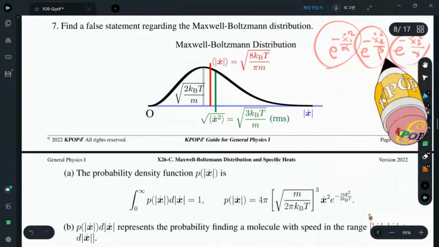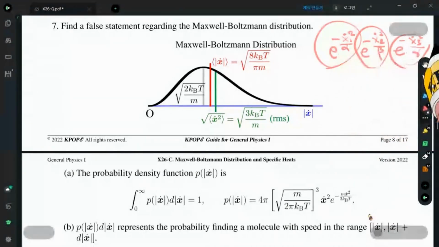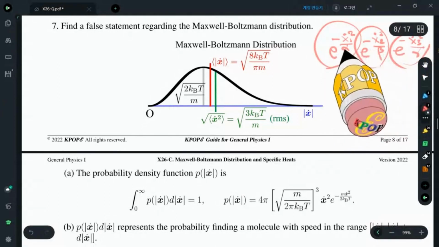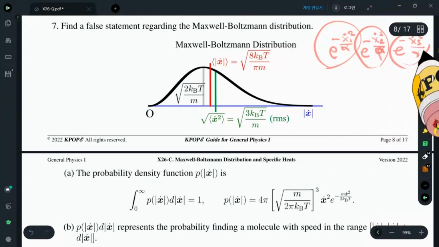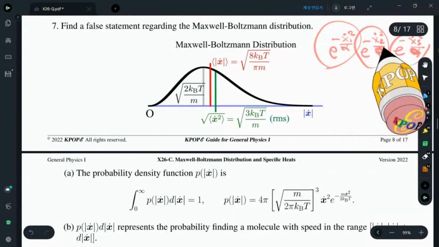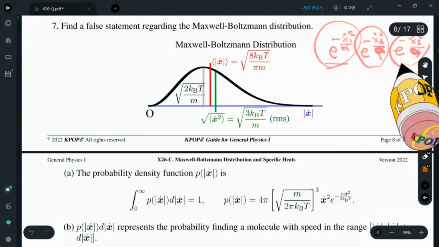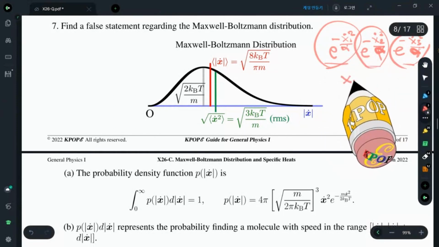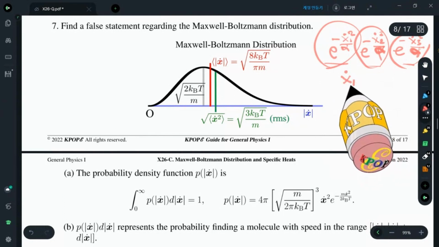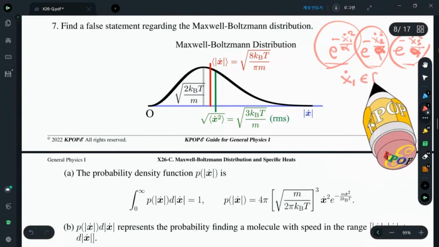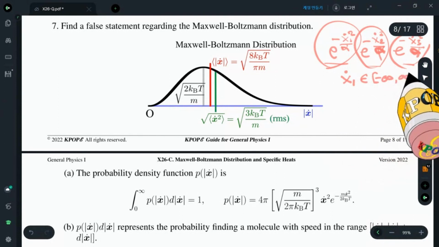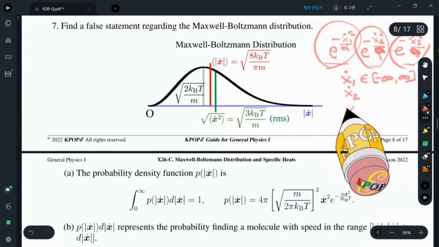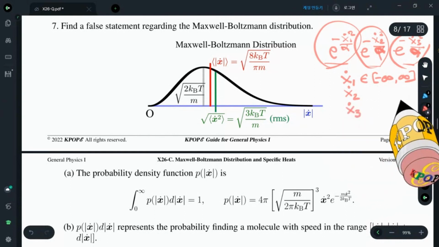And the three dimensions are equivalent, so there is no difference in the scale factor. And it assumes the velocity of x1 ranges from minus infinity to infinity. The same is true for x2 dot and x3 dot.